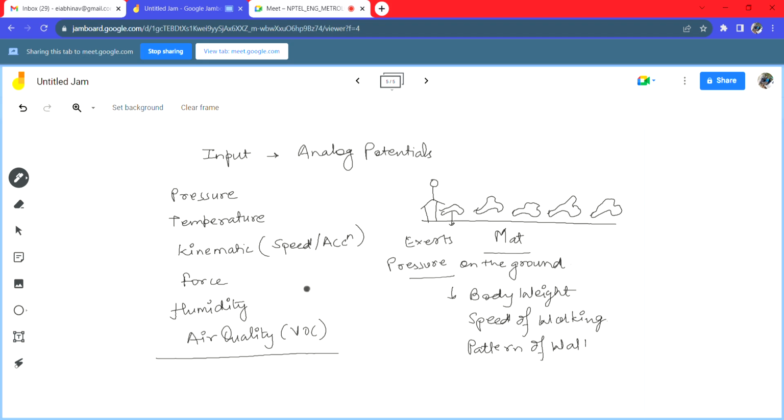When I say the pattern of walking, I mean that there might be people who want to stay on a single foot for a longer duration of time, and other people might release their foot early. So the amount of pressure that they exert will vary.